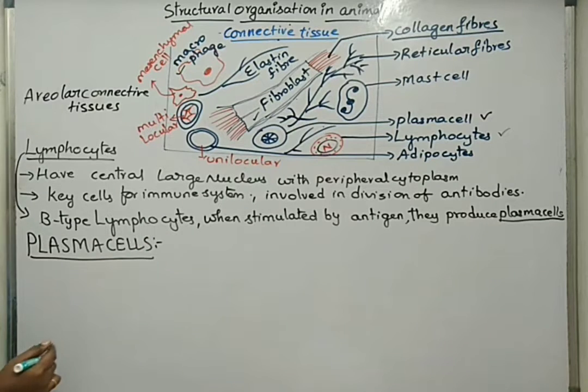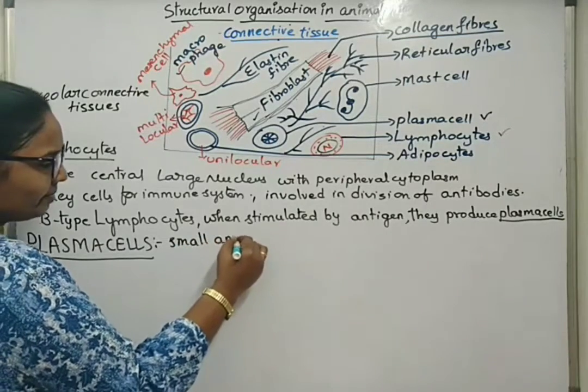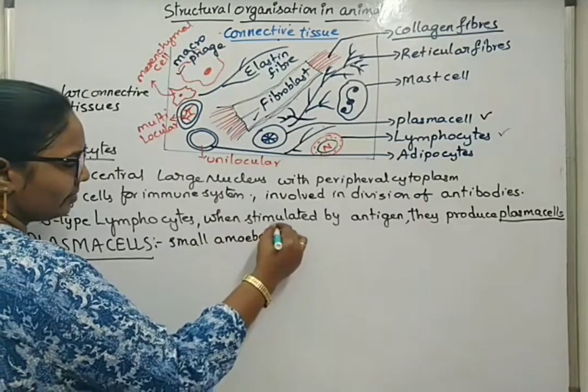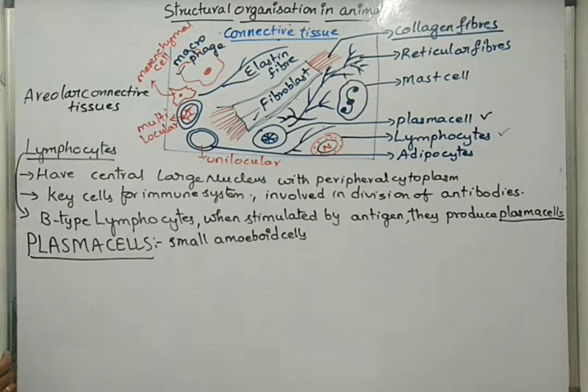These plasma cells are small amoeboid cells. And these cells have round shaped nucleus in which chromatin material is arranged in radial rows.